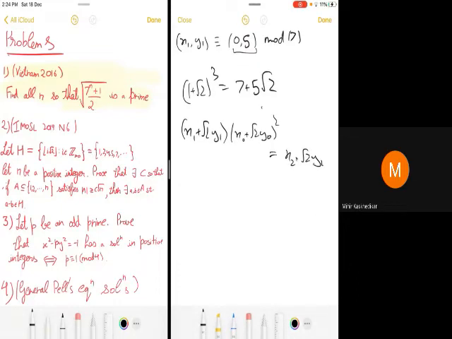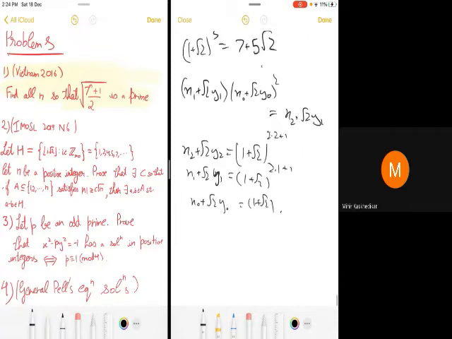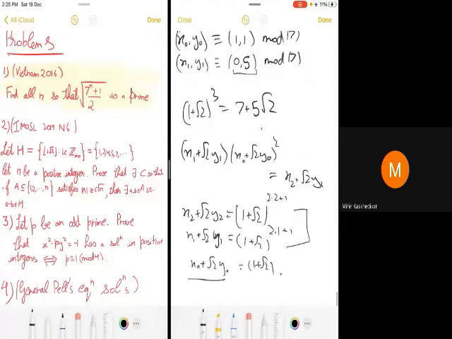Because by our formula this is the power 2 into 2 plus 1, and this is 2 into 1 plus 1, and x0 plus root 2 y0 is just 1 plus root 2. So in each step we are multiplying by (1 plus root 2) squared, which is (x0 plus y0 root 2) squared.